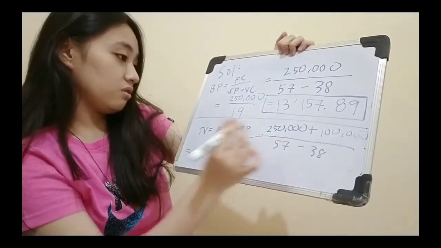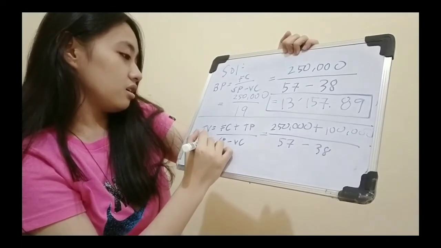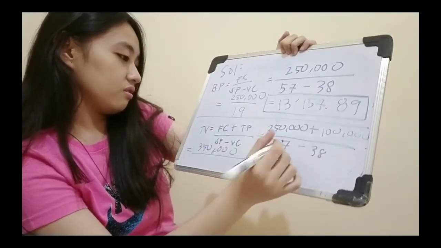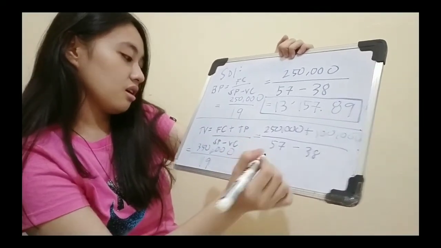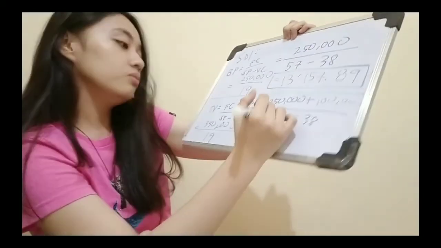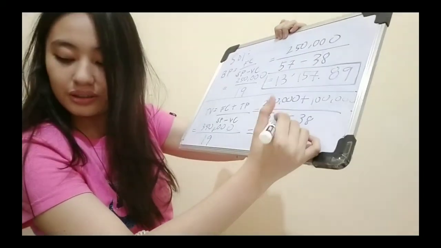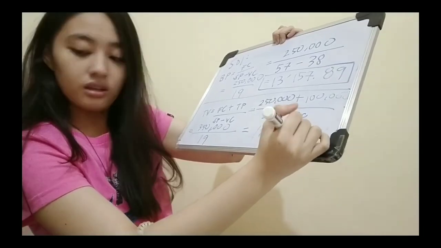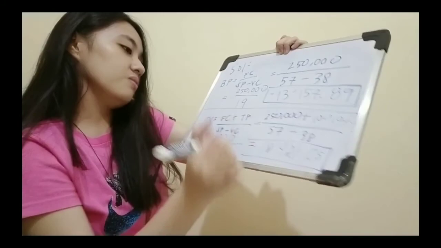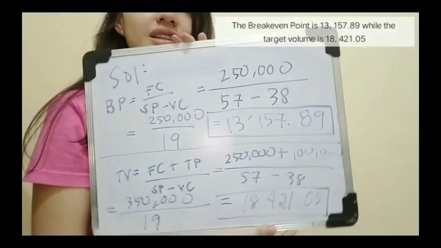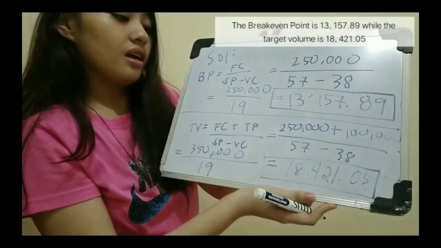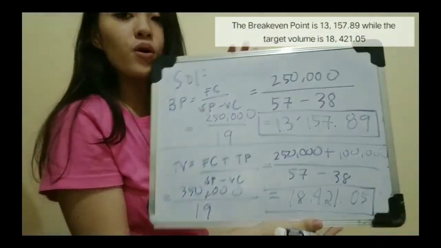And then 250,000 plus 100,000 is 350,000 over 57 minus 38 equals 19, and then 350,000 divided by 19, the target volume would be 18,421.05. So the break-even point would be 13,157.89, and the target volume would be 18,421.05.